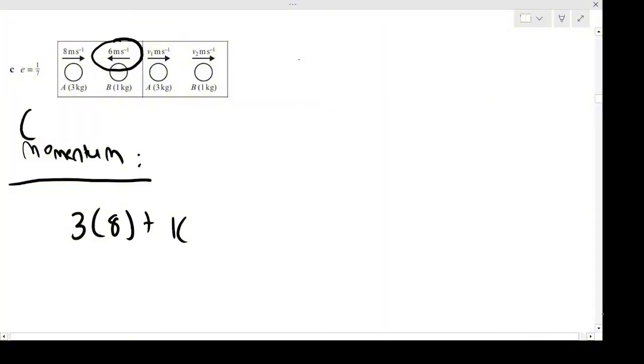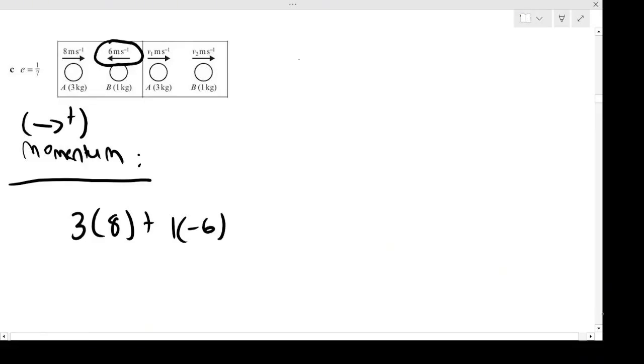Remember, we're always going to take forwards to be positive. So if it's going backwards, it's going in the negative direction. So this is going to be minus 6 for the velocity here.